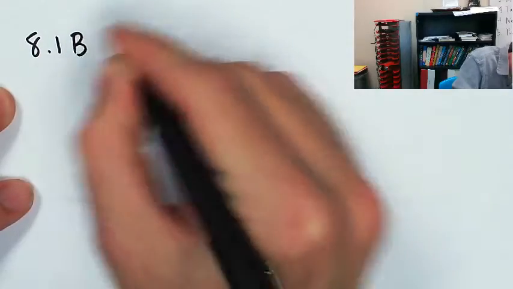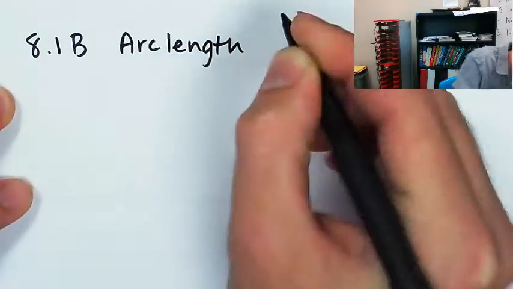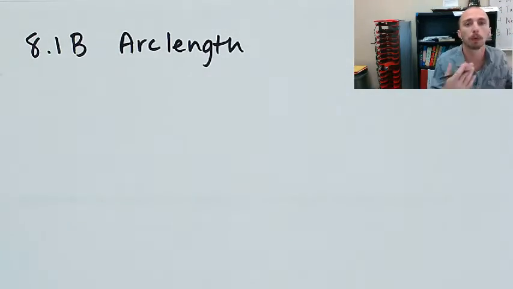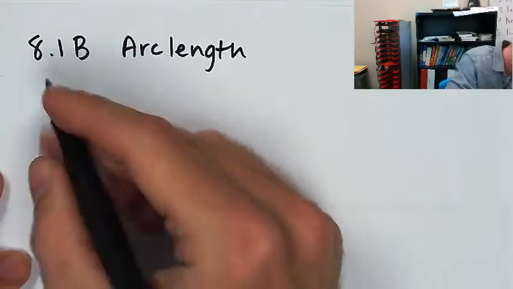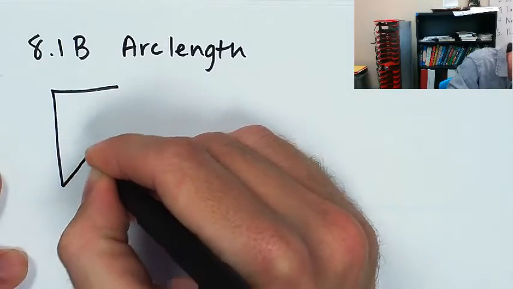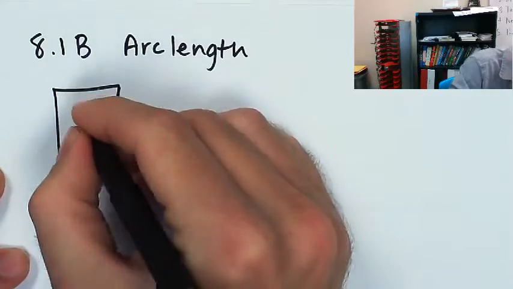The next thing we learned about was arc length. I might be interested in finding, say, the perimeter of region P. I feel like my sketches are getting worse and worse, but it's fine.